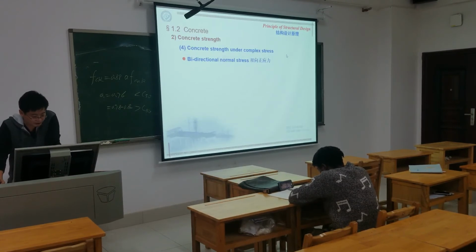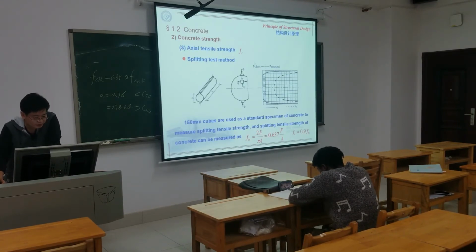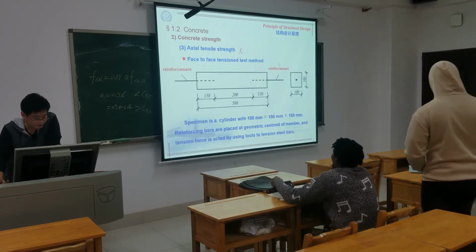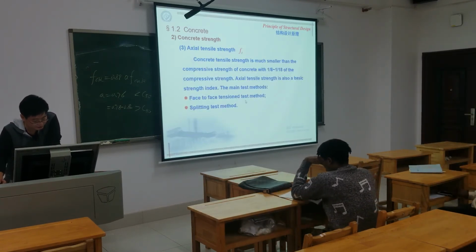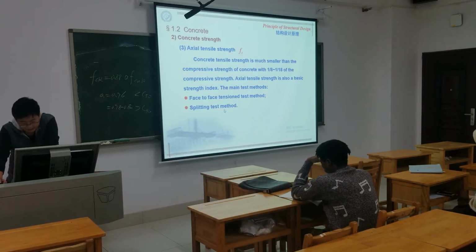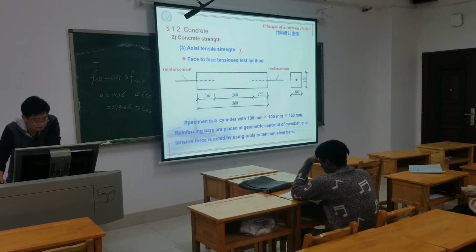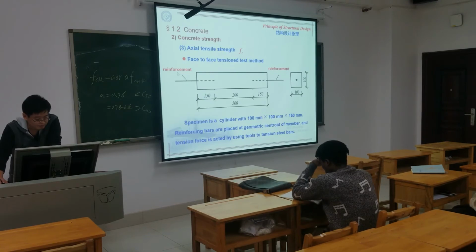So we see this tensile strength method. One is the face-to-face tension test method. Another is the splitting test method. The face-to-face tension method is a little bit easier. Just bury the reinforcement and pull it.